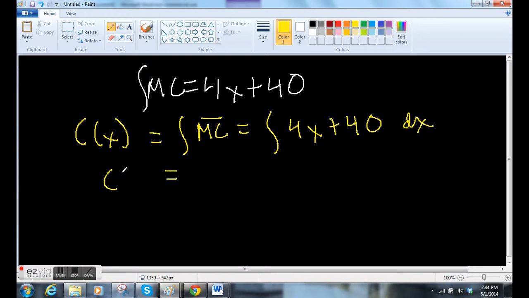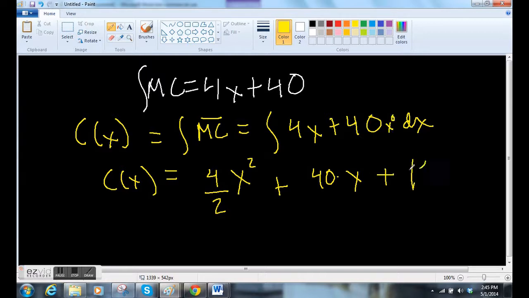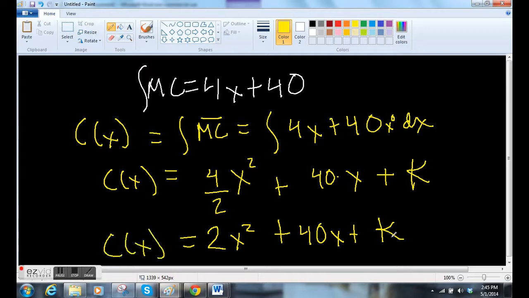For the 4x, you add 1 to the exponent so it becomes x squared, the 4 comes out in front, and the 2 goes on the bottom, plus 40 times x. I always think of there being a little x to the 0 there, so you add 1 divided by 1, plus our constant. So this is 2x squared plus 40x plus a constant, k. Again, we didn't use a c there because cost is already c and that would be confusing.